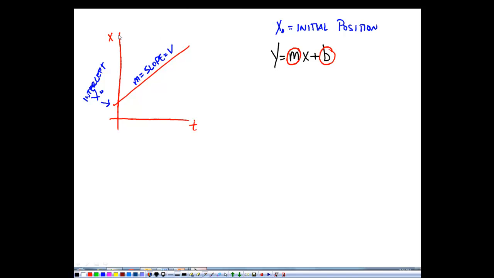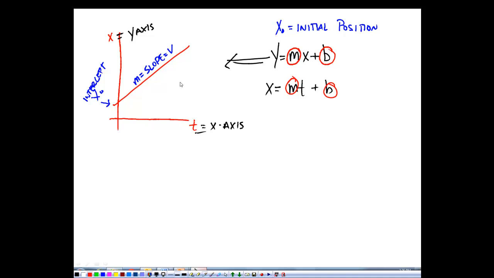Now this graph, x values, position values, are my y-axis, and time are going to be the values on my x-axis. So this equation for this graph looks like x equals the slope m times the time axis plus our intercept. And again, we're still just going to replace these two pieces.